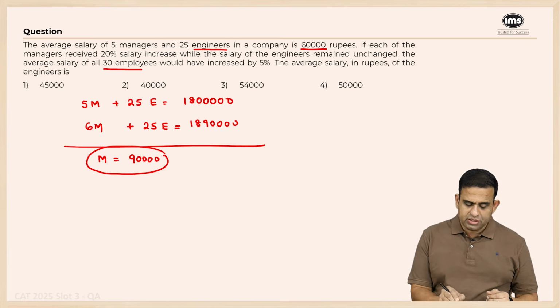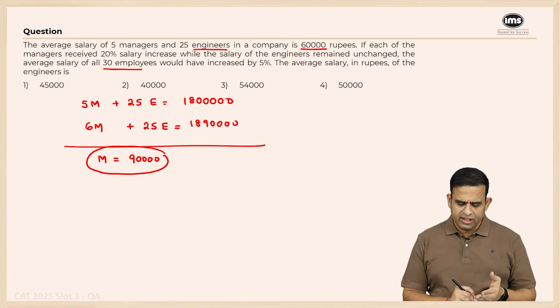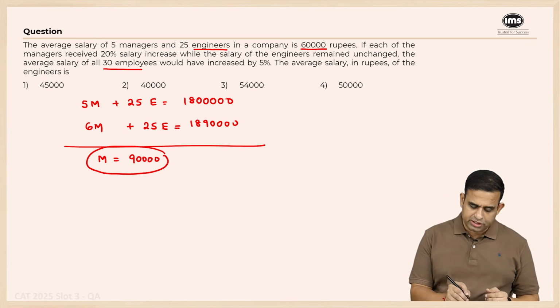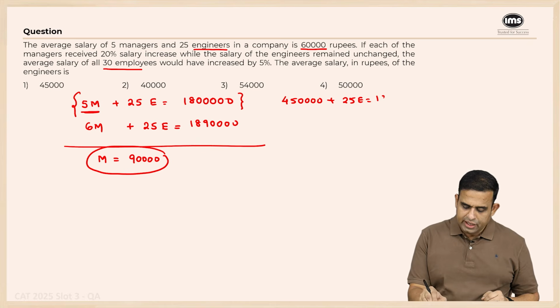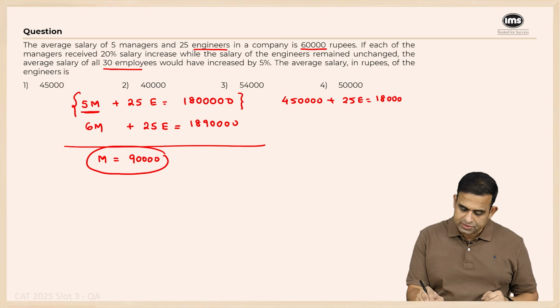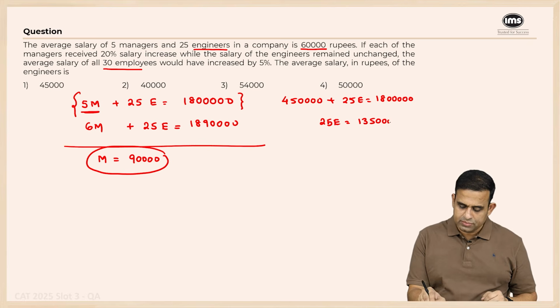So on an average, a manager gets 90,000. And then we can simply put it in any of the equations. For example, over here, 5 managers will receive 4,50,000 plus 25E will be 18 lakhs. So 25 engineers will receive 13,50,000.